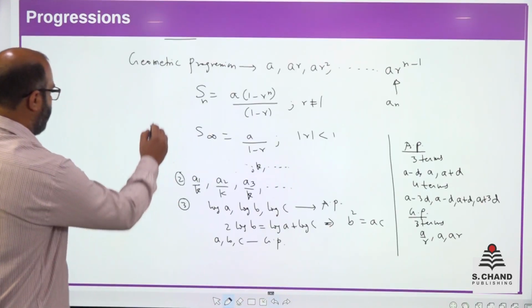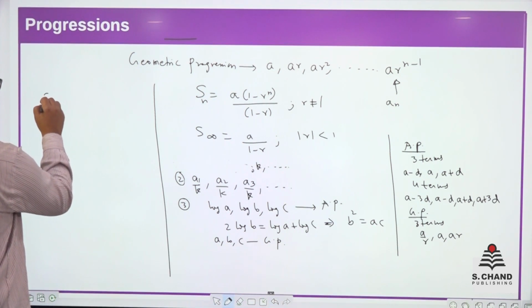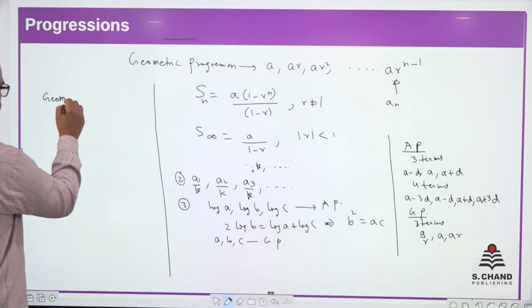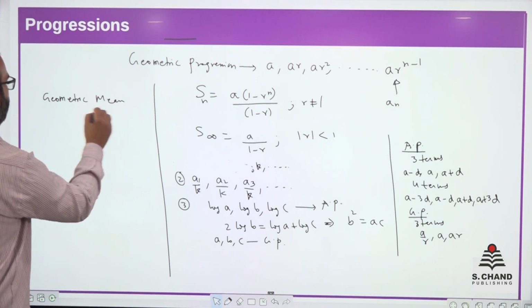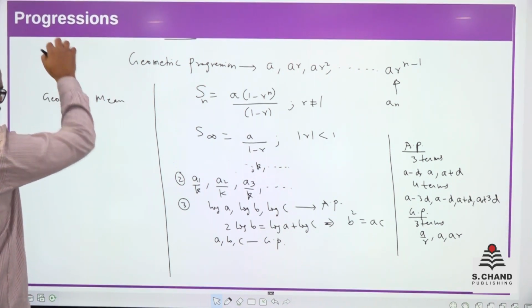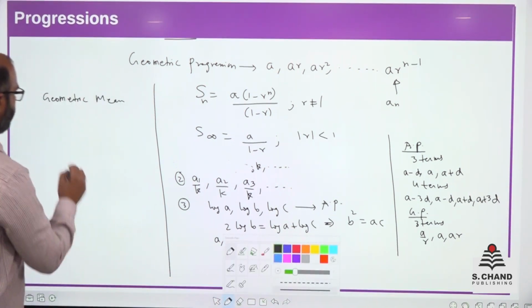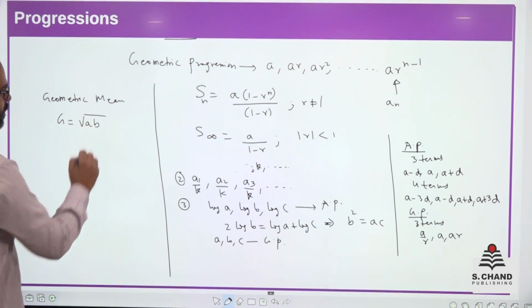So, let me write it here. Geometric mean. If we say that there is a geometric mean between A and B, that geometric mean is represented by G and it is equal to square root of AB.